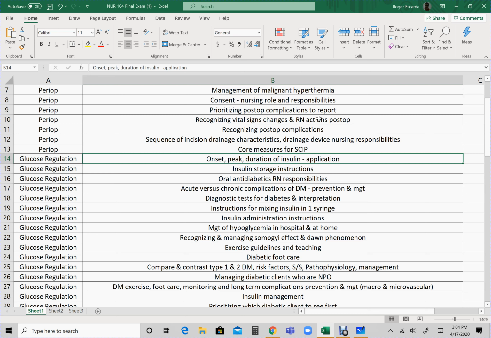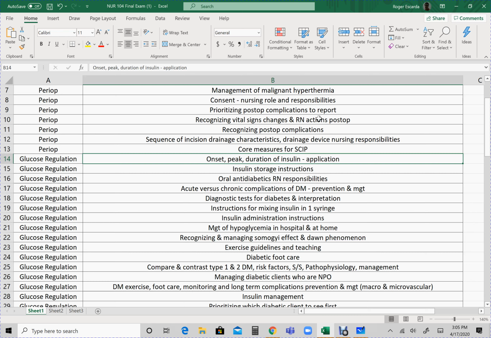Oral antidiabetics, this is the chart for type 2 diabetes treatment from sulfonylureas down. It's referring to the nursing responsibilities, so this is on the second column of that chart. Acute versus chronic complications of diabetes, prevention and management.